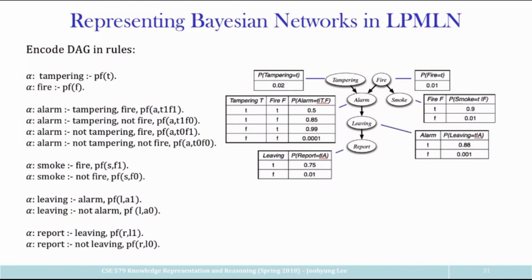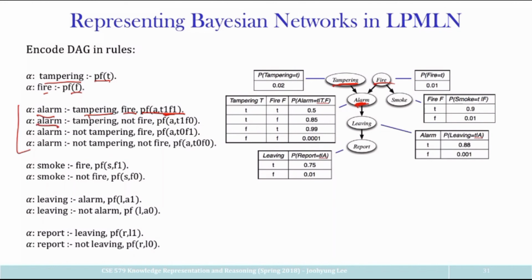The next is to encode the graph, and graph encoding is actually simple. It's just logic rules. If the probability fact is true, then tampering becomes true. Same as this. Maybe this is easier to see. Alarm can be true depending on these 2 parents. So alarm is true when tampering is true and fire is true. In that case, you have to use the probability fact that tells you the probability of alarm being true when tampering and fire are true.